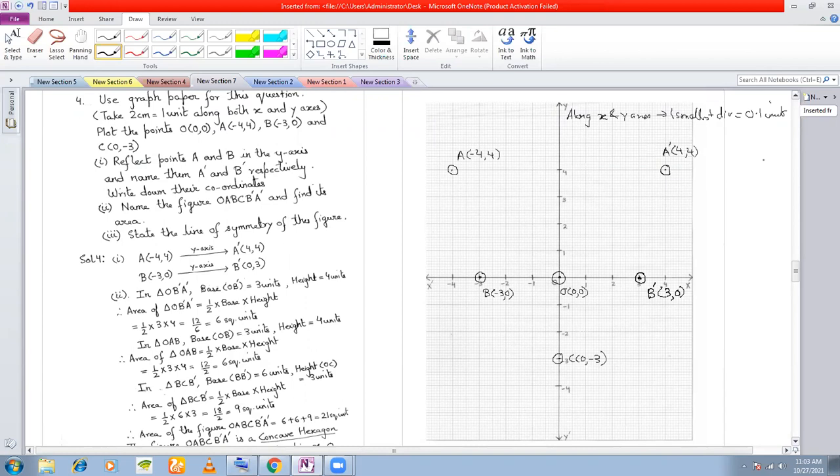Name the figure O A B C B dash A dash and find its area. O A B C B dash A dash. We need to join all these. Okay, let's join. First O A B we join.